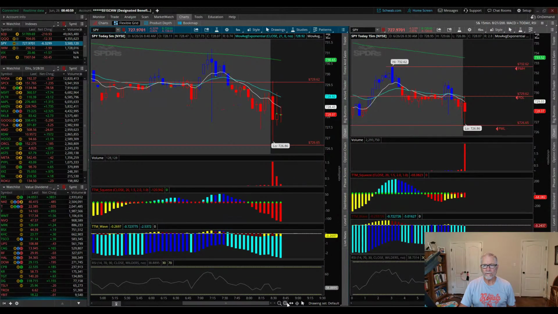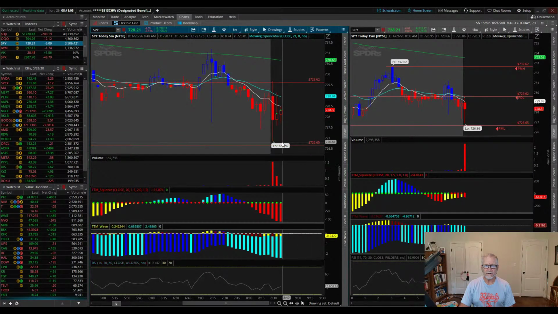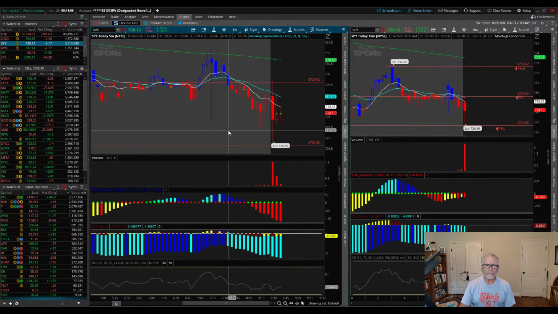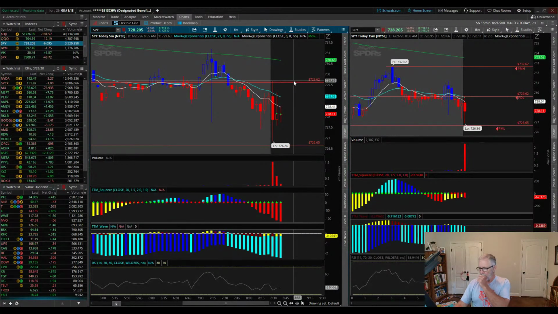Make that a little bit bigger for us. We got down nearly to the pre-market low of 726.65, so we know right now that's pretty good support. We're working on that 15-minute high and low. Well, look at the 729.62. That's the previous day low.